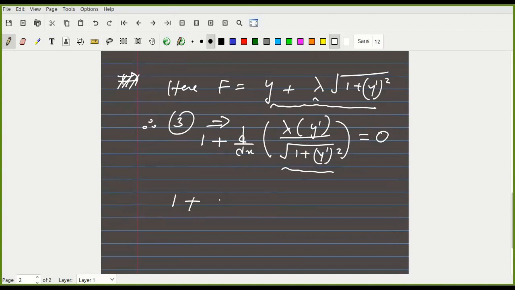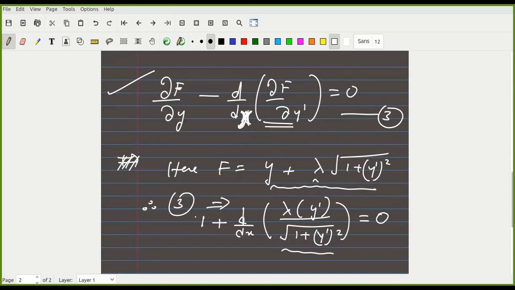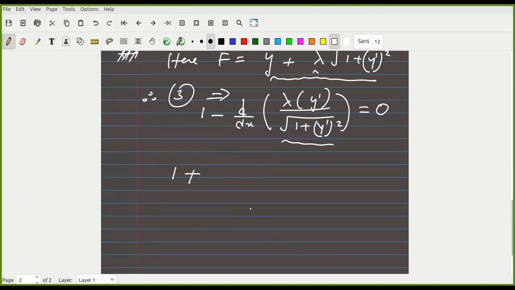There I'm going to use the quotient rule. By the way, again I think I made a sign mistake. It has to be minus, it's not plus.